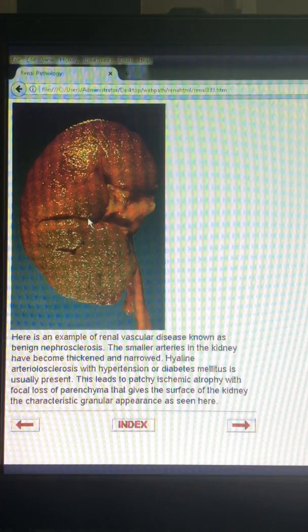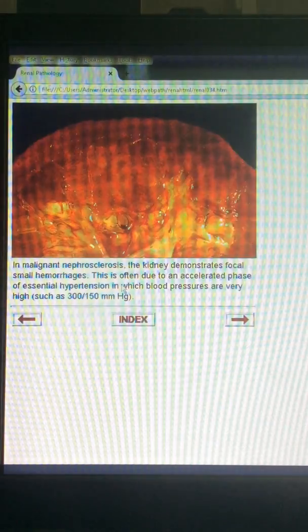We said benign, so there is also a malignant nephrosclerosis. So what's different? Along with the previous picture, the malignant nephrosclerosis will have what added? Small hemorrhages can be seen all over the cortex and the medulla. If you see hemorrhage along with that previous picture, the patient will have essential hypertension or malignant hypertension.